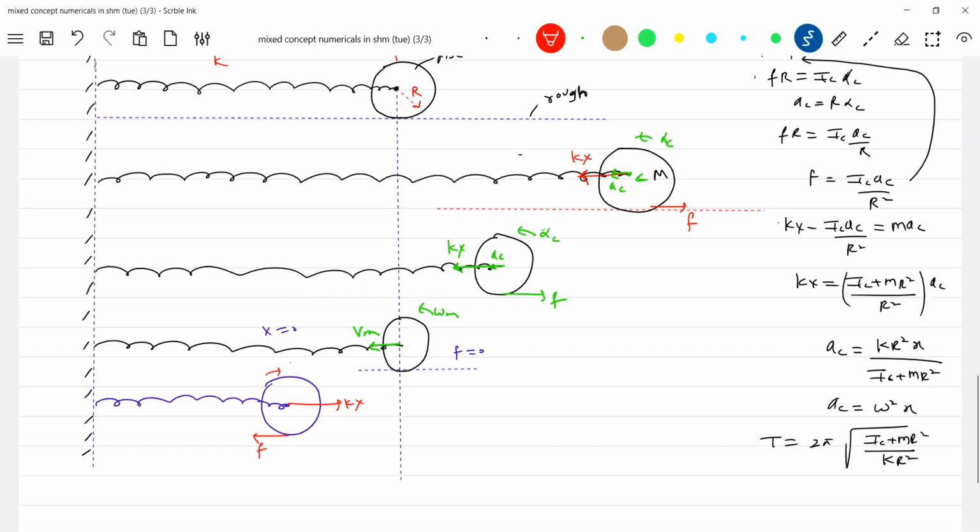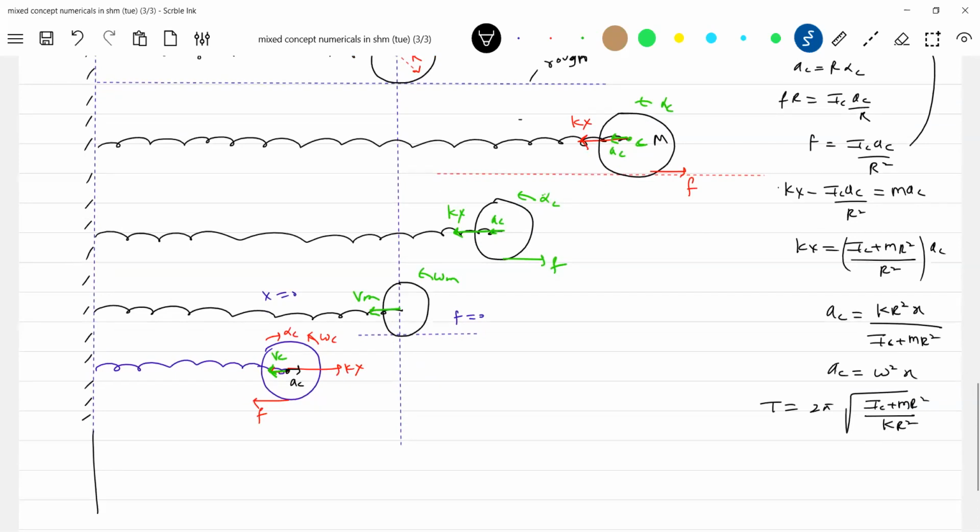Then it will undergo retardation. It will have angular velocity, and the velocity of center of mass will be like this. But the retardation will be like this. And finally, what will happen? It will again come to instantaneous rest.